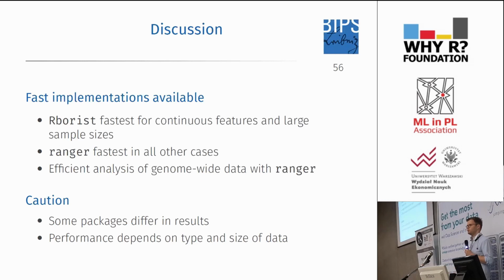So just be careful not to switch the implementation and expect the exact same results. They are different in some parts, but for the ranger, we have shown that it leads to the same results, except random error, as the random forest package. And the performance heavily depends on the type and size of data.